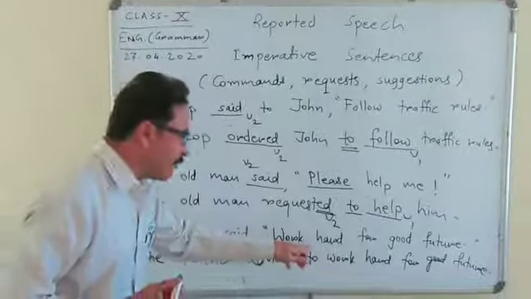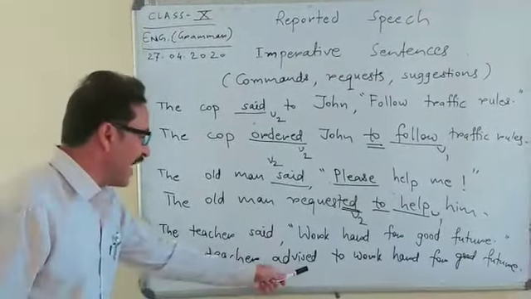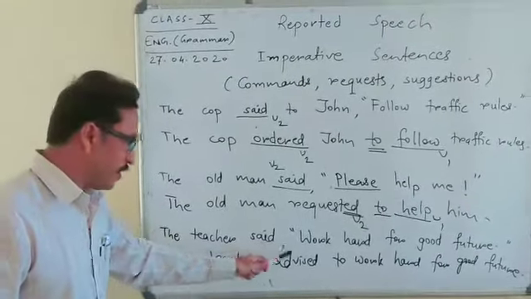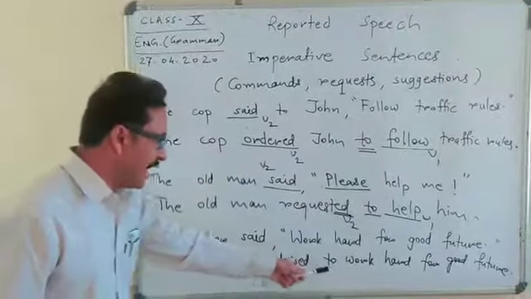Since this is advice or a suggestion, we use the reporting verb advised. Since said is in V2, we also used the second form of advise. The teacher advised, after that we used to.